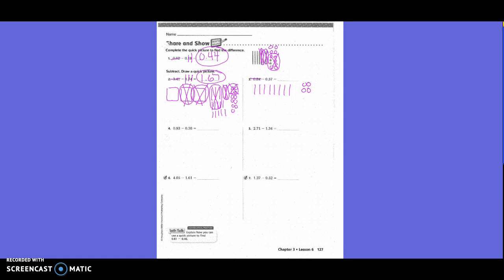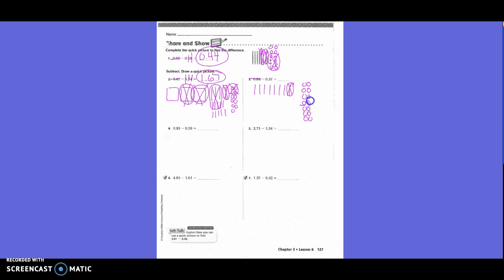Do I have enough small cubes to subtract 7? No. So I have to mark off a long and draw how many small cubes? 10. So now I should have how many? 14, right? Okay. So now can I take away 7? Yes.